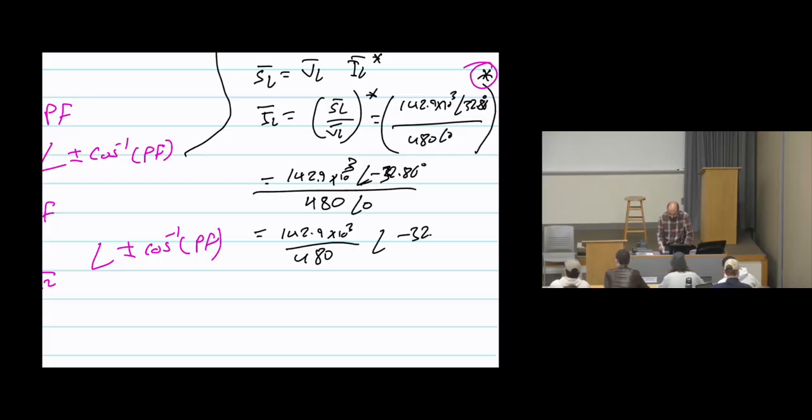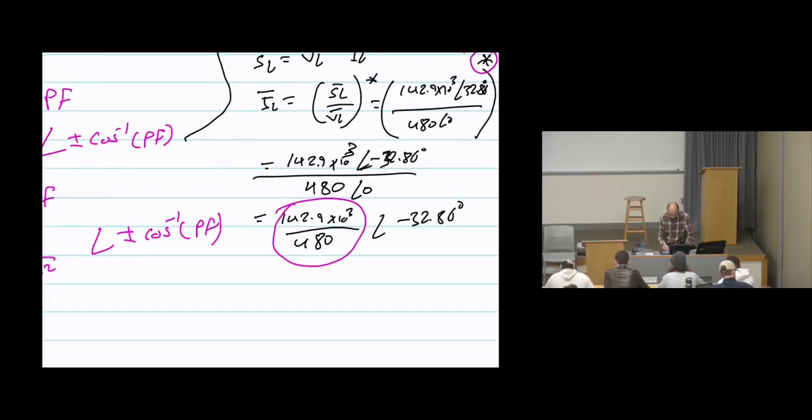Just put this expression in the calculator. Don't put the angle because again the angle will remain as is. So after putting this, it will be 297.619, angle negative 32.86 degrees. Now this is I load. Okay?